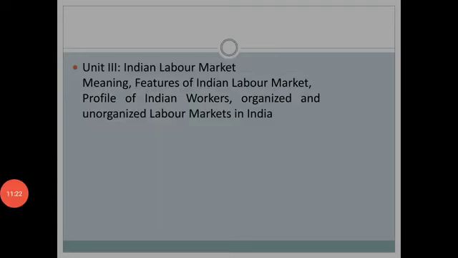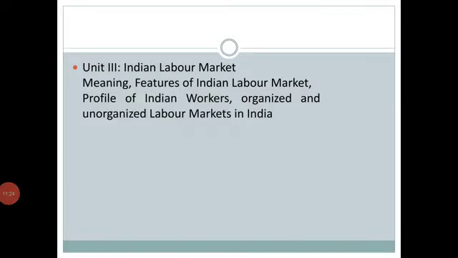Then the unit number 3 is entitled as Indian Labour Market.